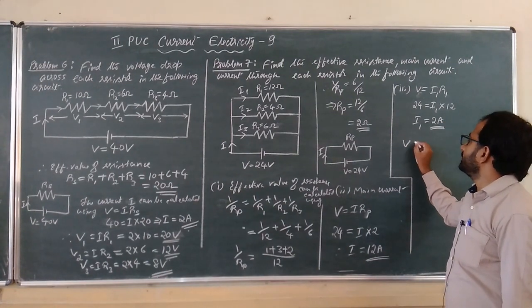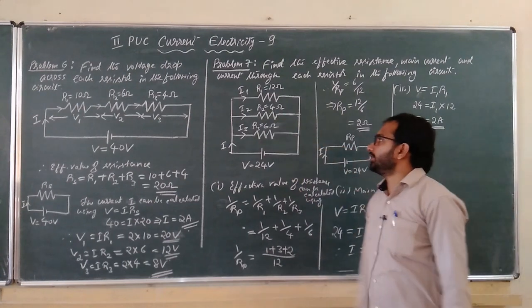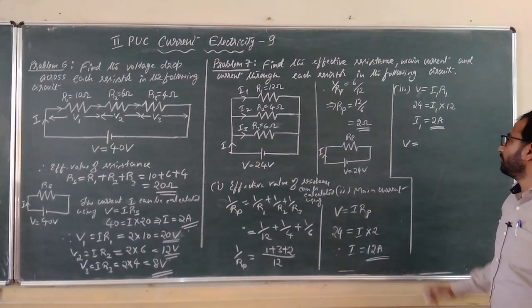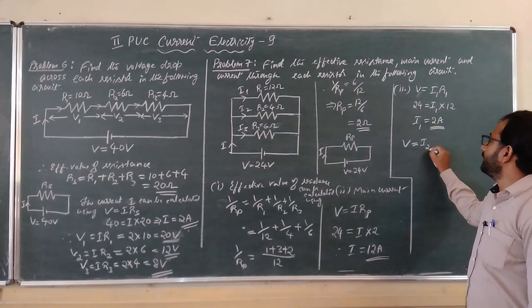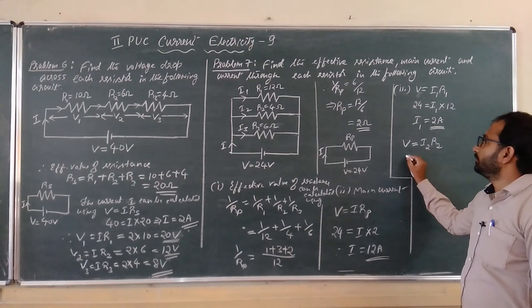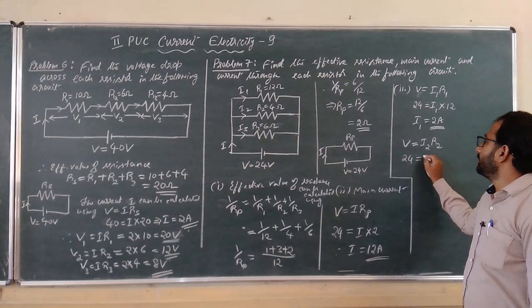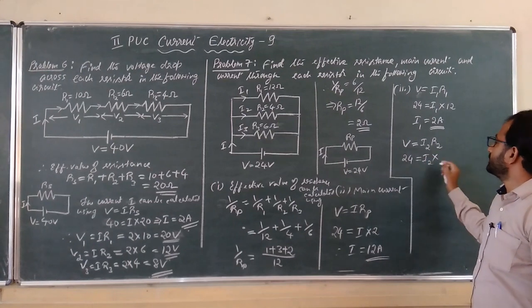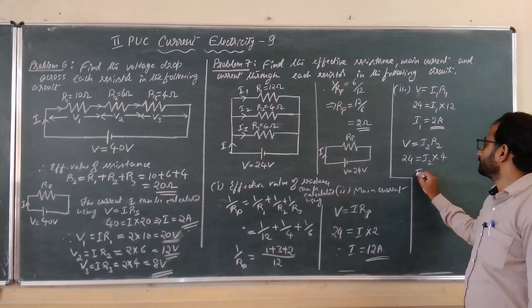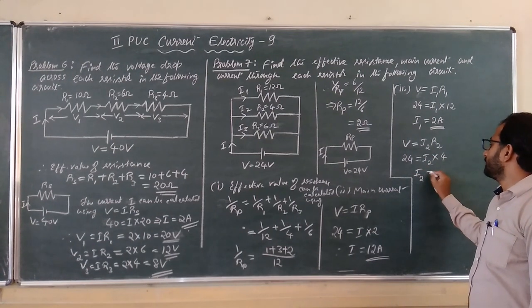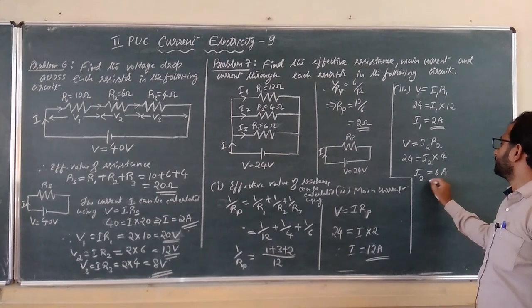Similarly, for the second resistor R2 of 4 ohm, V is equal to I2 R2. V is 24, R2 is 4, so I2 is equal to 6 ampere.